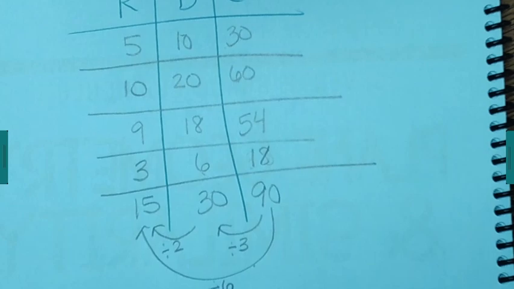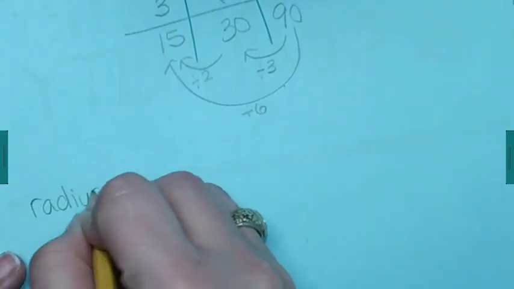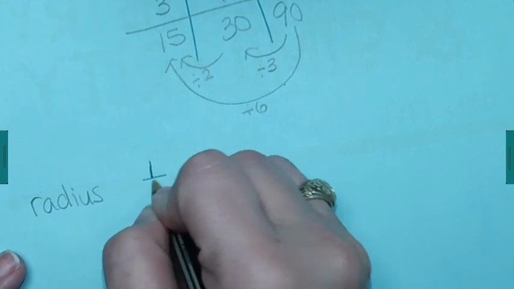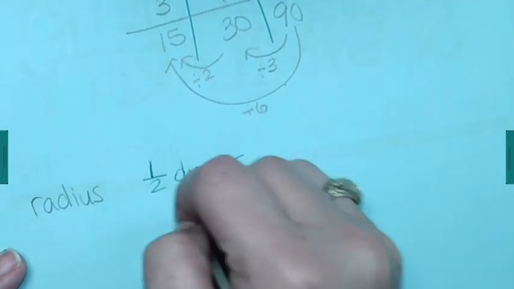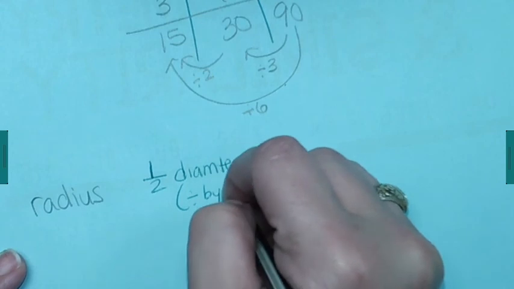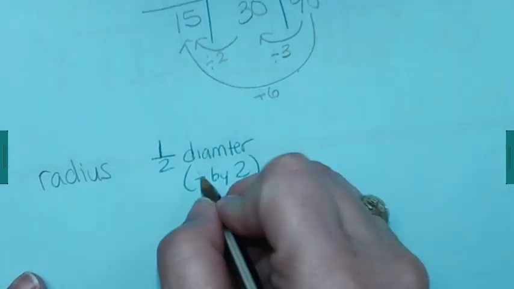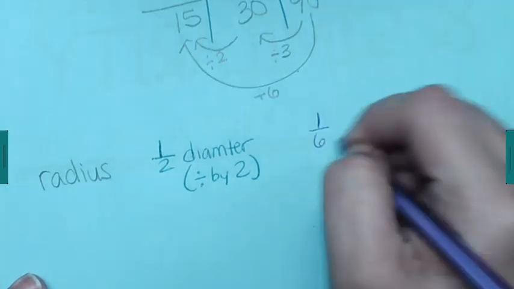Okay. So super quick summary. Radius is half of the diameter, and it's 1/6 the circumference.